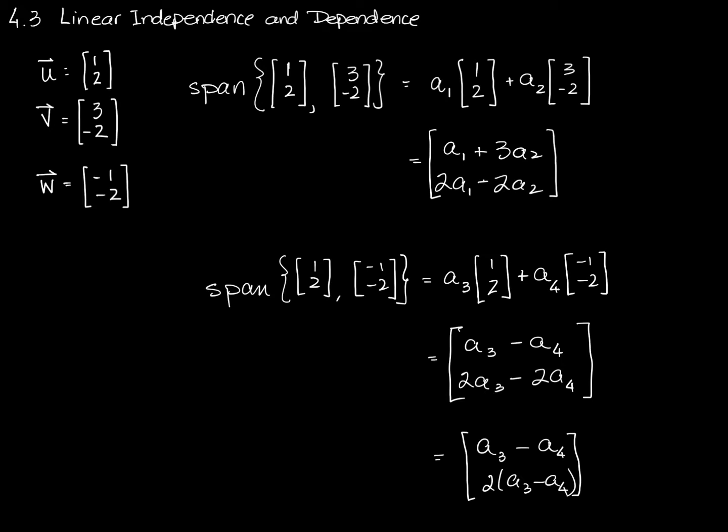And if I do that, let's say that a3 minus a4, whatever those two numbers happen to be, and remember, they can be anything, we're going to say that's equal to a5, some other constant, some other real number. That means this is a5, and this is 2 times a5.